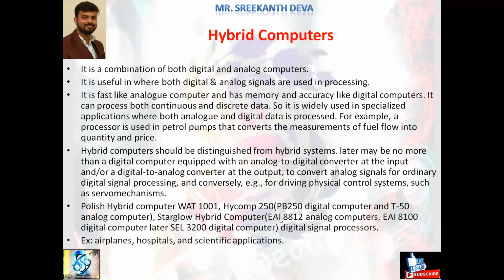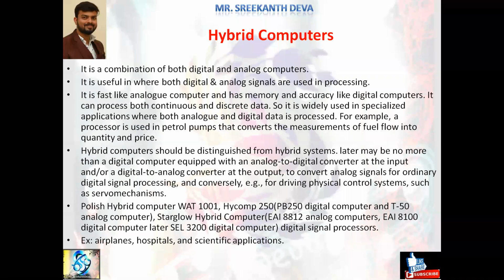Okay. See, about EA 8812 analog computers, EA 8100. These digital computers later get converted to the SCL 3200 digital computer. Digital signal processors. The best examples of using these hybrid computers are airplanes, hospitals, and scientific applications. See, these are all about hybrid computers, but you need to remember the point here.